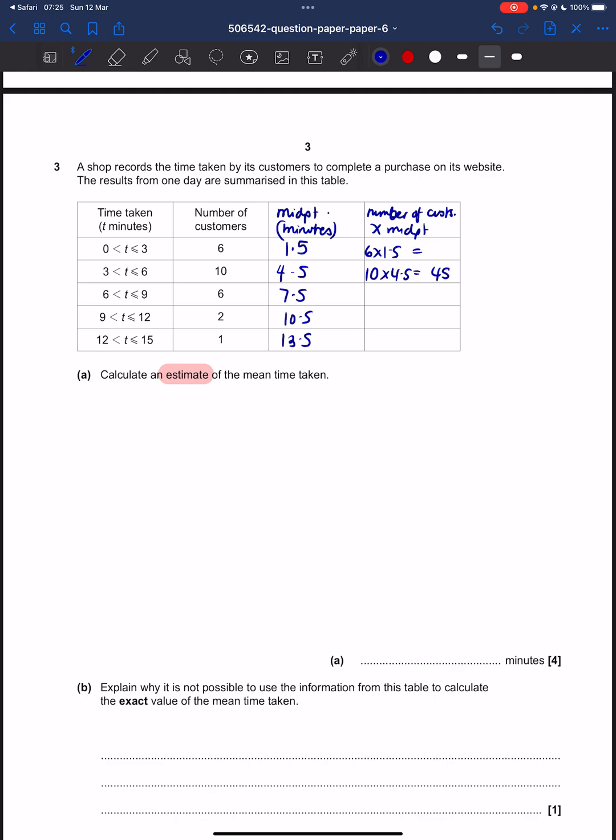You can do this on a calculator or in your head. It's 45 again. 2 times 10.5 is 21, and then 1 times 13.5.